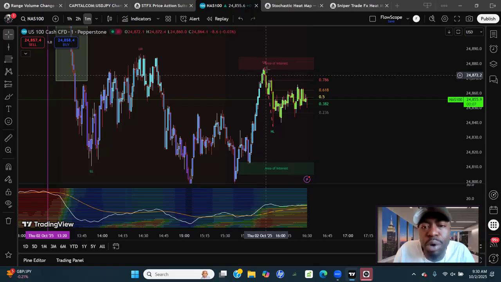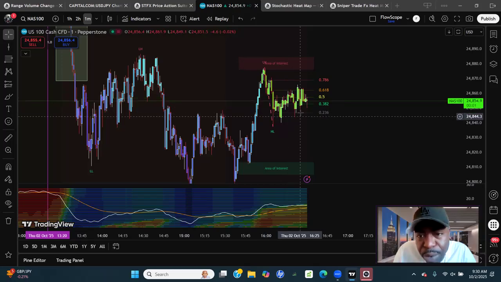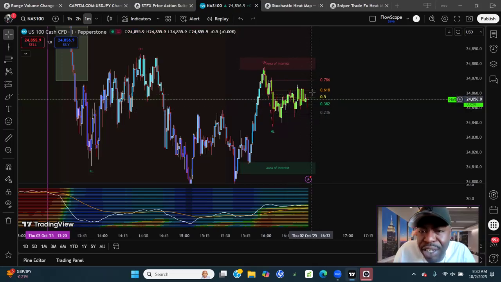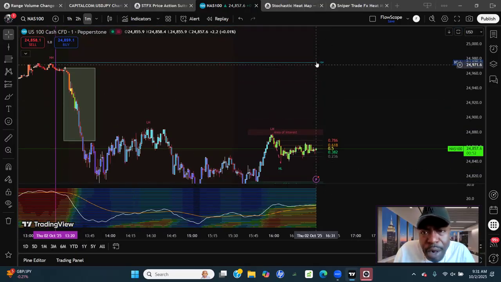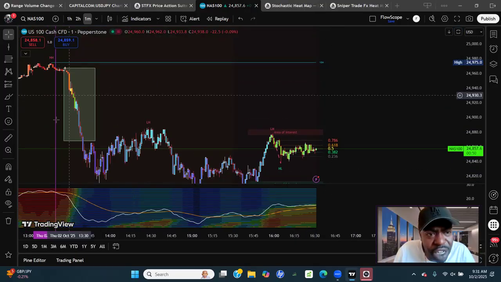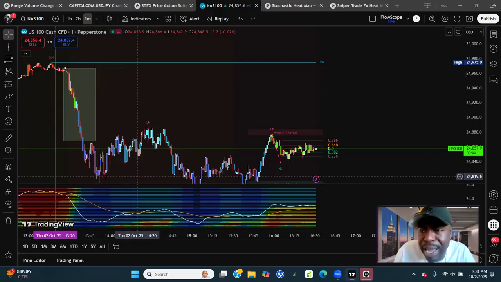So strong impulse up, boom, you could take profit here. Then you get a retracement. When you get a retracement to one of these fib levels, you're actually looking for an entry for this to continue up to the high, for this to make up for this fair value gap right here, this huge fair value gap. They need to make up for that.